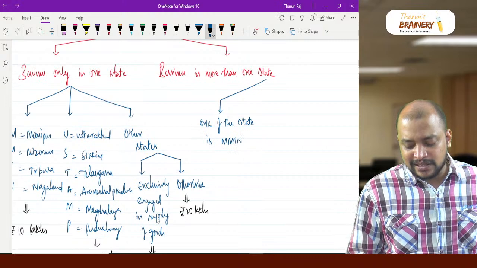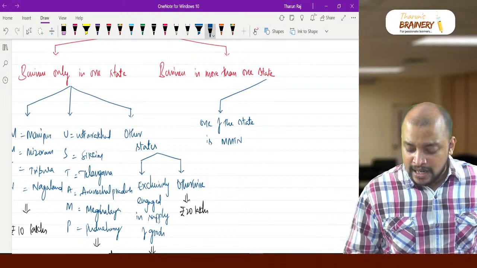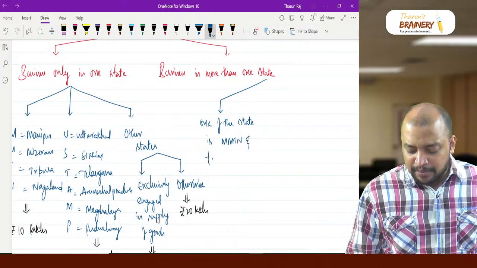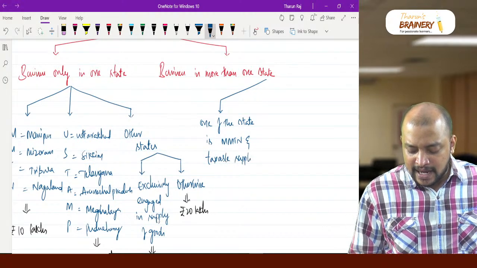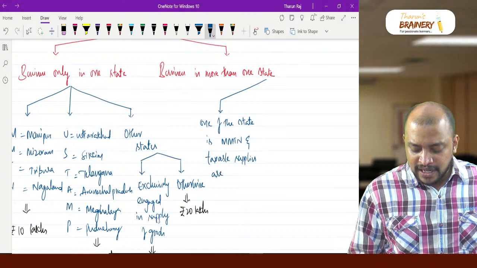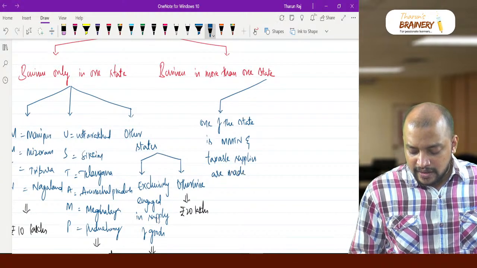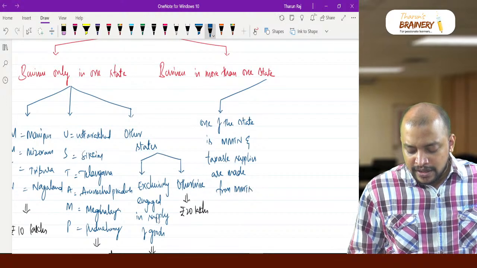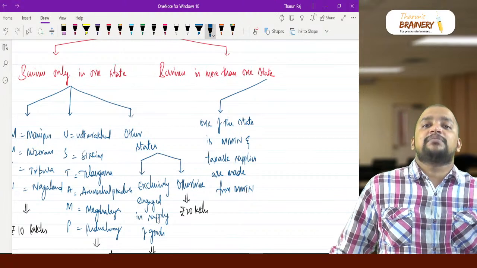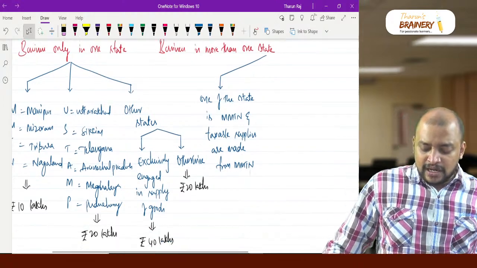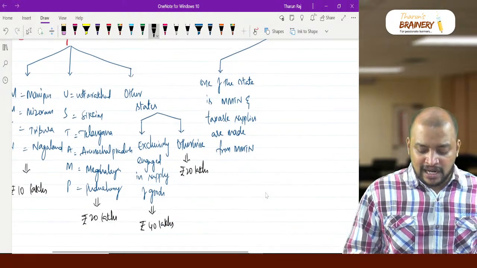Out of the given states, if one of the states is MMTN and taxable supplies are made from MMTN, okay, that is, one of the given states is in MMTN and taxable supplies are made from that state, then the applicable limit will be 10 lakhs.